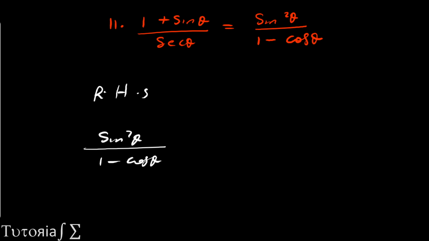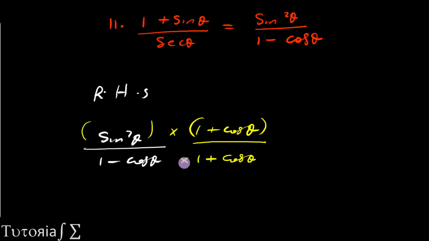And what we'll do here is multiply by the additive inverse of this. So we say times 1 plus cos theta over 1 plus cos theta, doing the same with the numerator. This is done so that we don't change the meaning of the question.